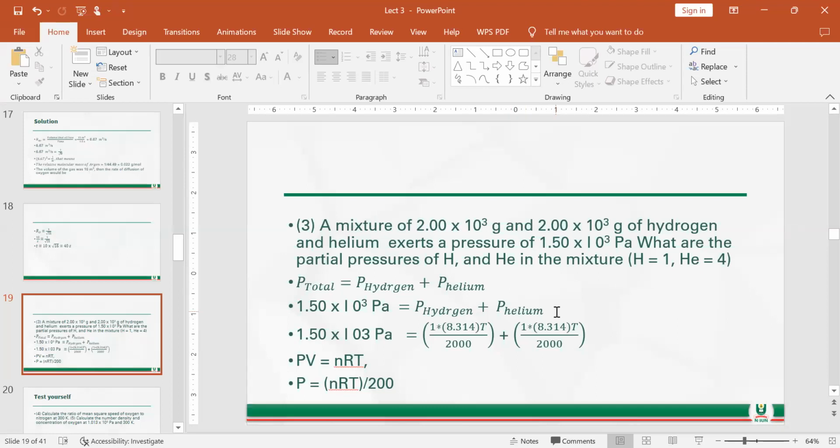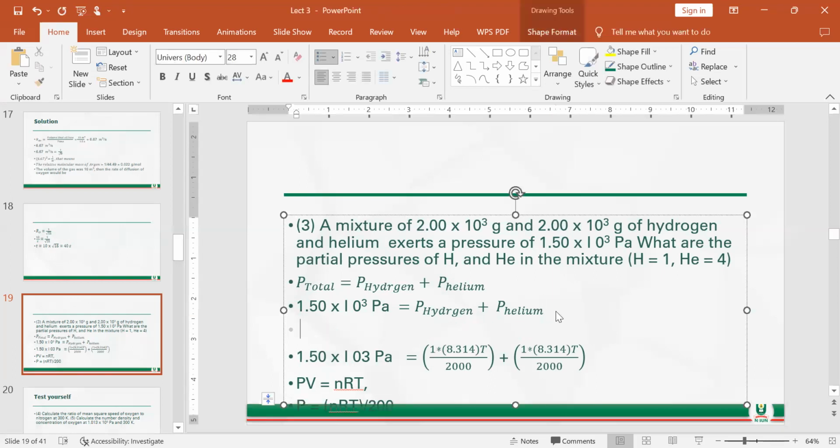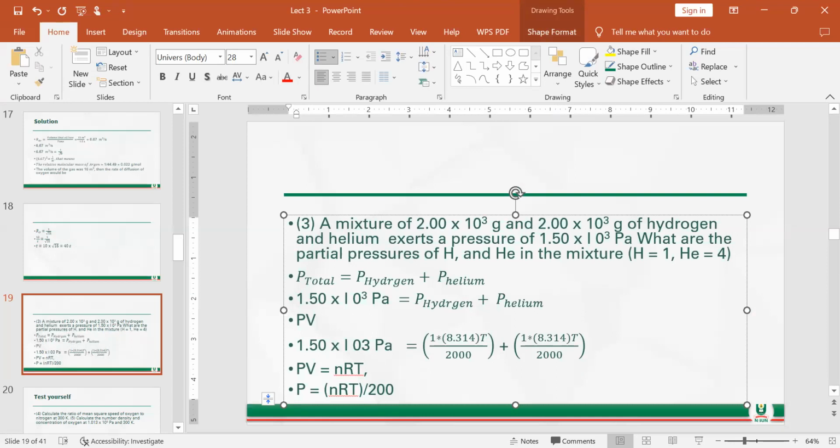Now we know something: pressure will be equal to nRT all over V. If you look at the gas law, PV is equal to nRT. A partial pressure will therefore be P equal to nRT all over volume. So we can now see that the partial pressure for hydrogen will be equal to nRT. n is the number of moles.